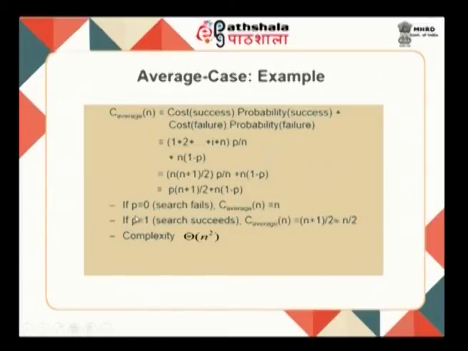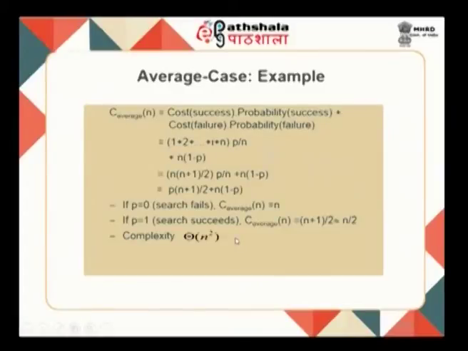So, if p equals 0, that means the search fails, you can see this expression reduces to n. If the search succeeds, then it comes down to n plus 1 by 2, approximately n by 2, which is nothing but theta of n.